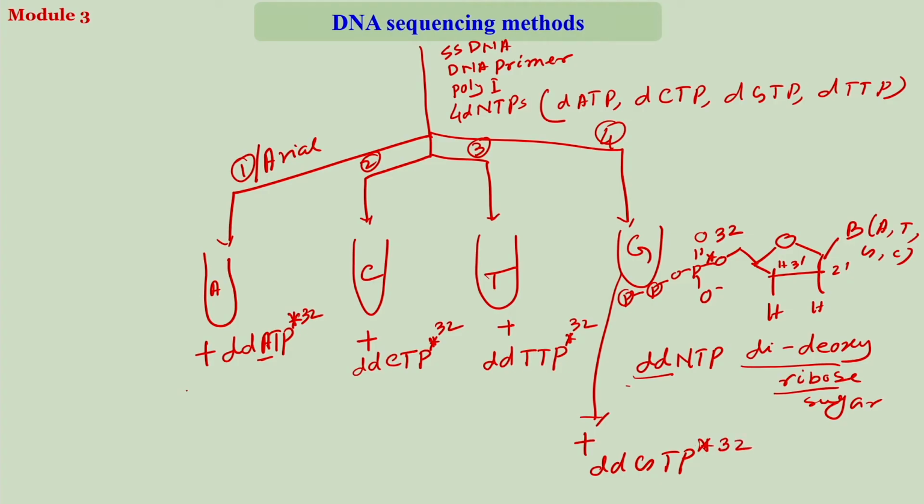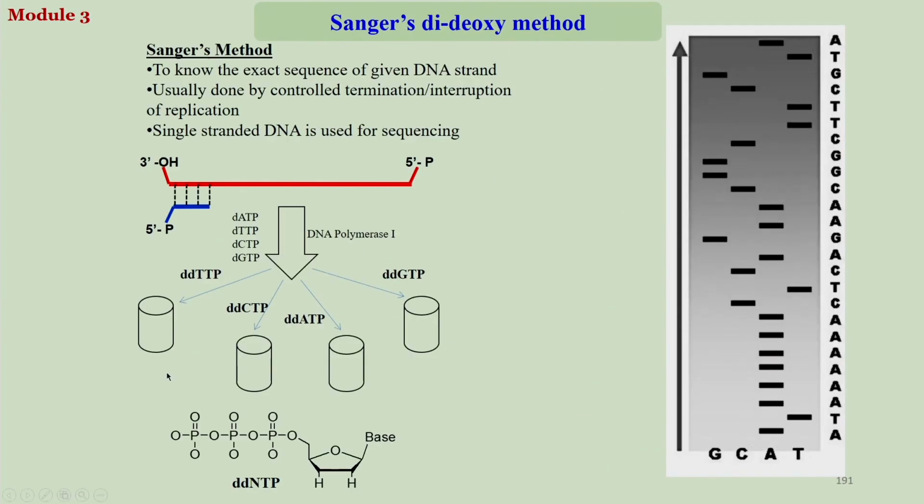And now let us take one vial at a time and see what reactions are happening. So you have the DNA, you have the primer, you have added initially all 4 dNTPs, ATP, TTP, CTP, GTP, you have added DNA polymerase 1, then it was divided into 4 individual vials, and in each vial a separate ddNTP was added.